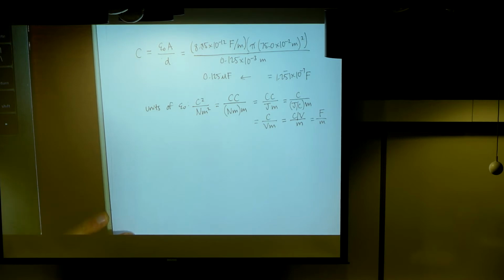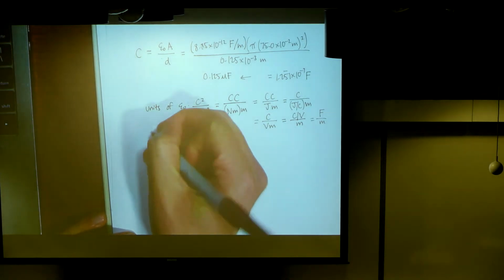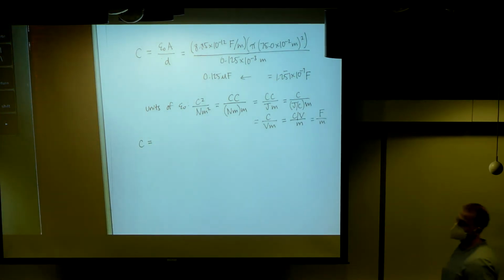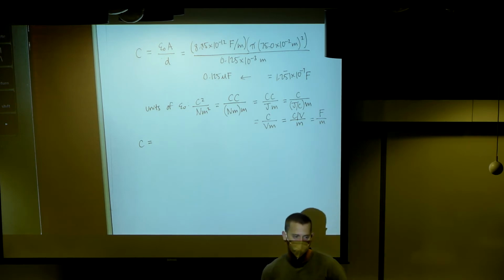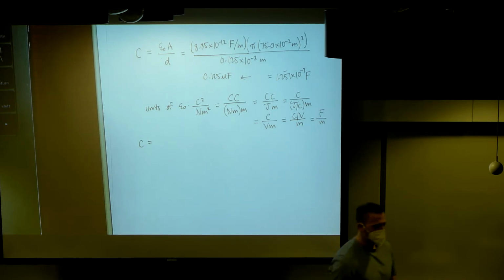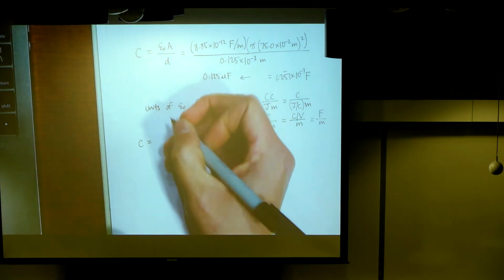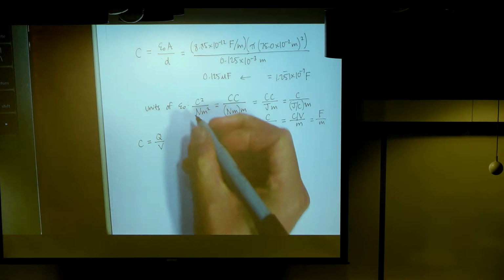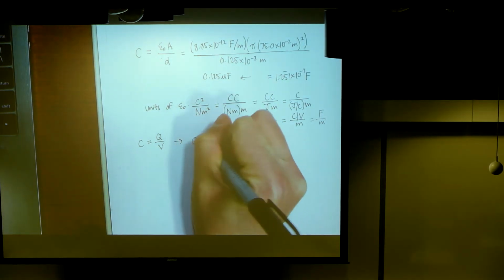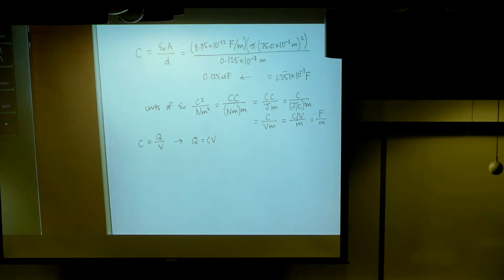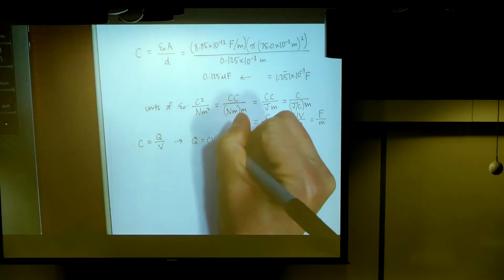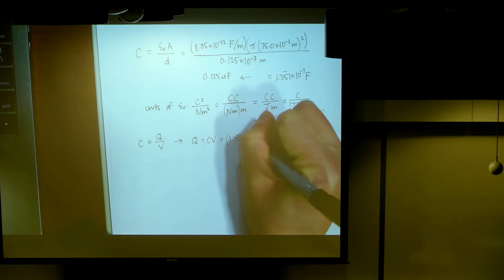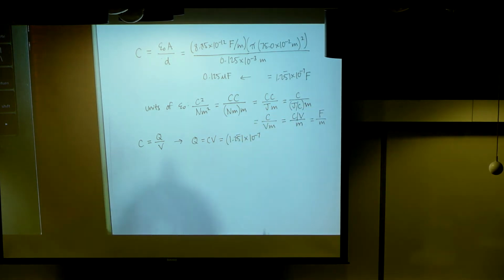Okay, so now we know the capacitance. The next thing we can do with that is use it to calculate how much charge accumulates on our capacitor when we apply a certain voltage to it. So for that, we're just going to use C equals Q divided by V, which gives us Q equals C times V. All right, so now let's take our capacitance of 1.25 times 10 to the minus 7 farads.